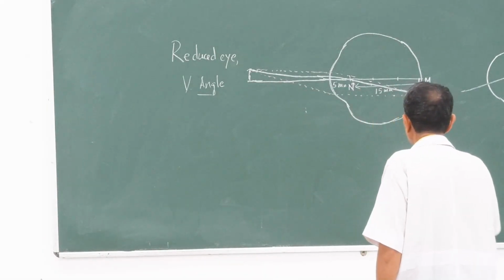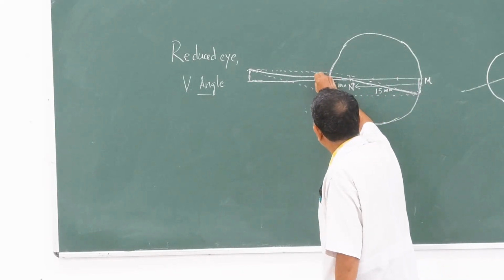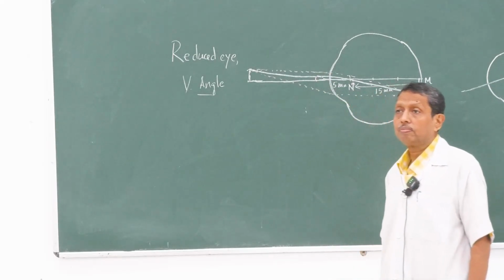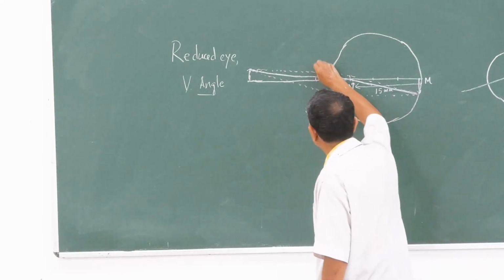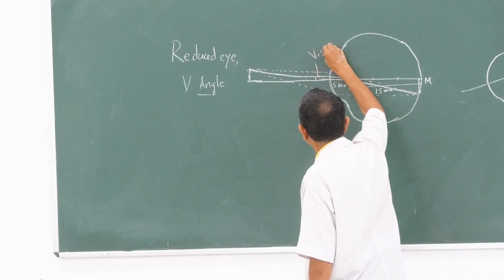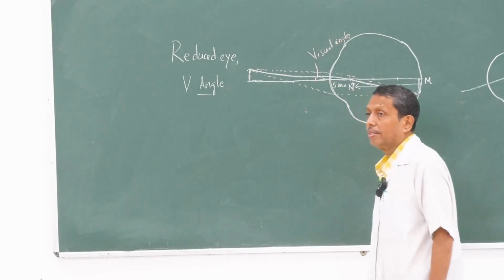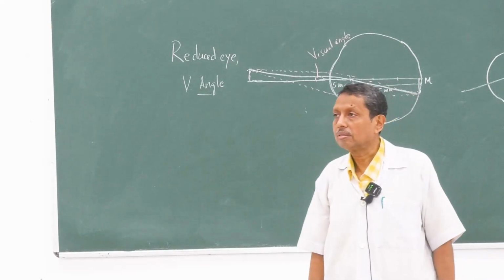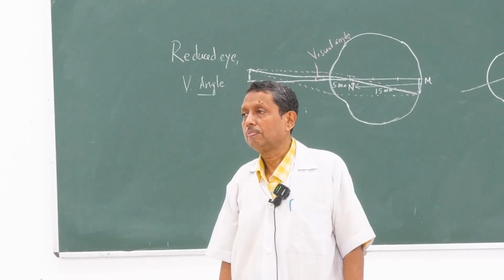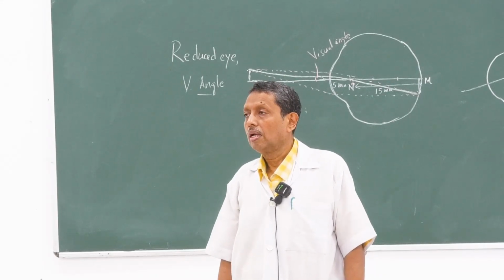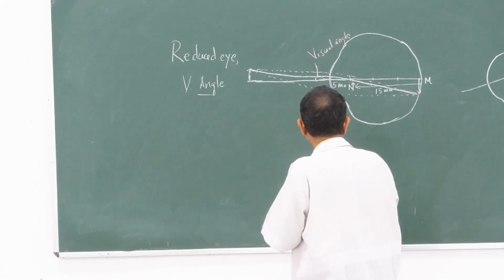And the angle produced at this point is called the visual angle. Yes, it is the visual angle. And the height of the image can be calculated.